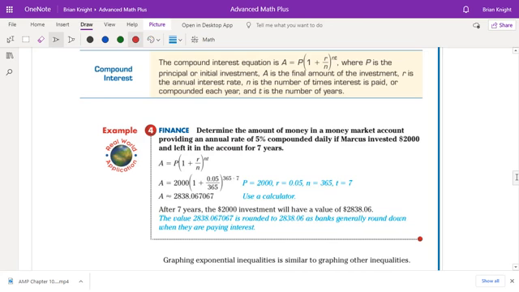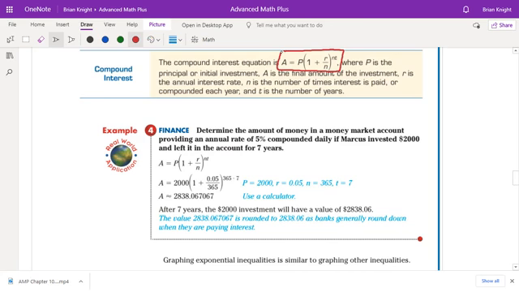Not many do. Anyway, this is the formula for it, and I want you to know it's the same formula we just talked about. They're different letters, but they're the same thing. A is your final amount of money you have. P is how much money you start with. It's called P because it's the principal. R is still your rate. T is still the time.